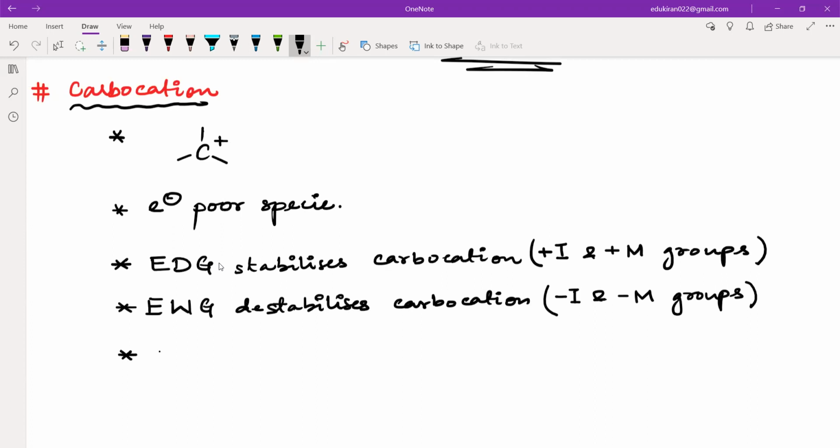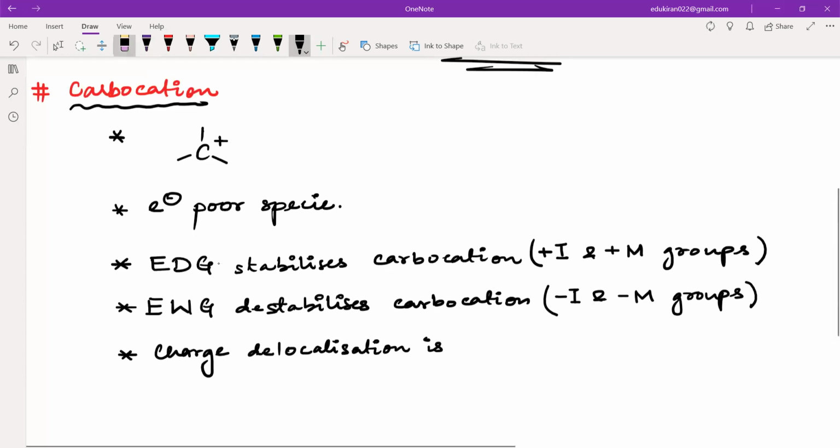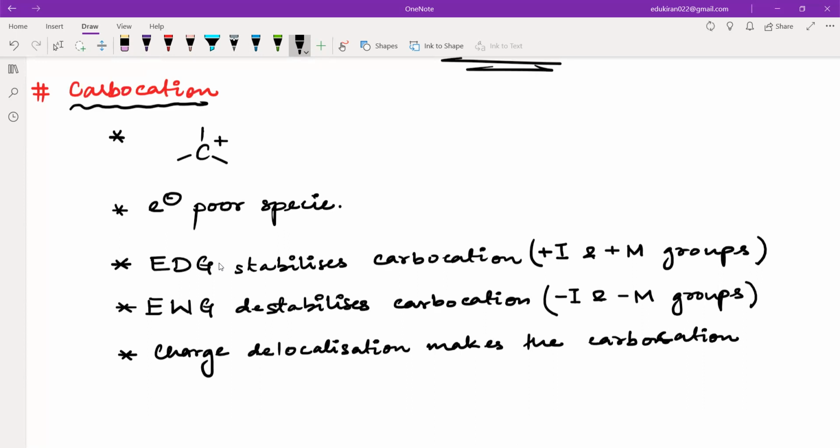So charge delocalization, since charge density should decrease, makes the carbocation more stable.